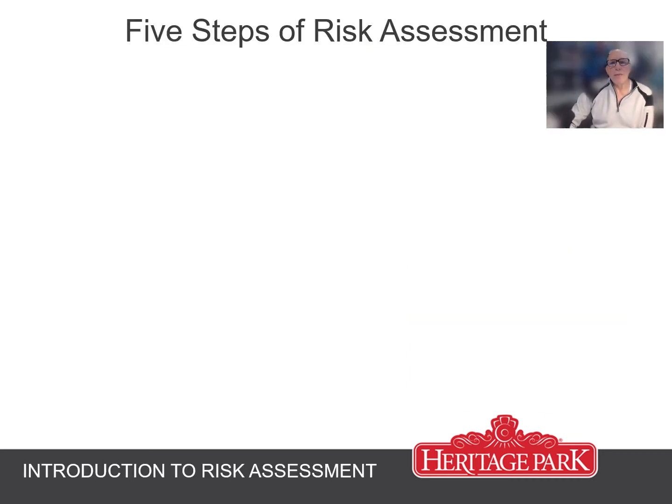There are 5 steps to a risk assessment, and the risk assessment is the foundation of everything we do going forward. We actually do risk assessment in our daily lives every day, and there are 5 basic steps that we address.